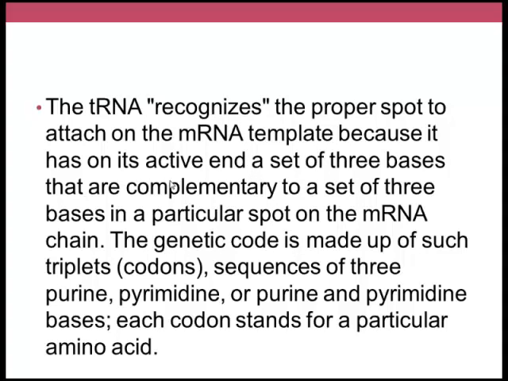The tRNA recognizes the proper spot to attach on the mRNA template because it has on its active end a set of 3 bases that are complementary to the set of 3 bases in a particular spot on the mRNA chain. So there is complementation in the arrangement of bases on mRNA and on tRNA.